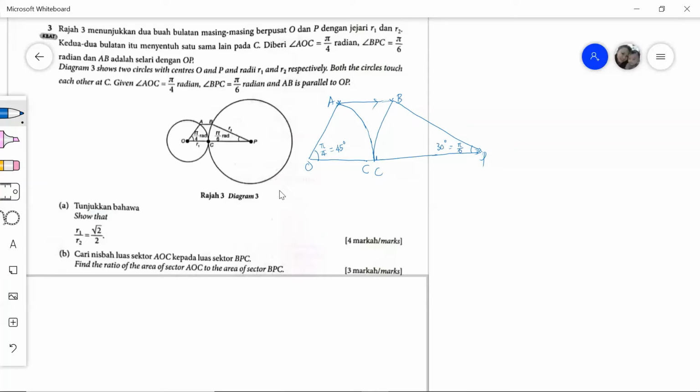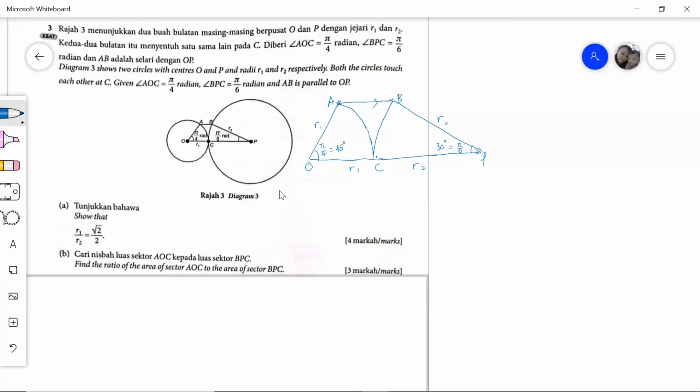Now, we have to find the ratio of R1 to R2. So this is R1, this is R2. How do we relate R1 and R2 by using this trapezium?